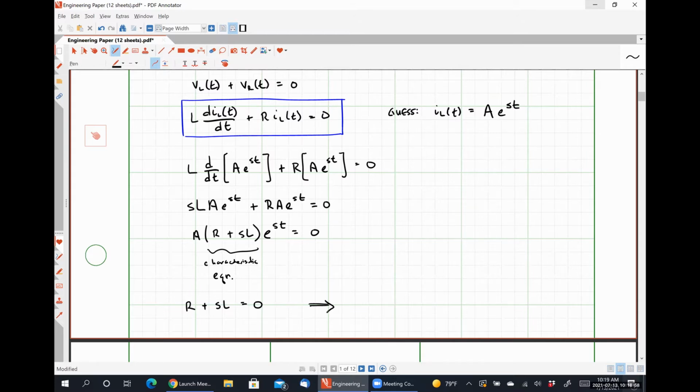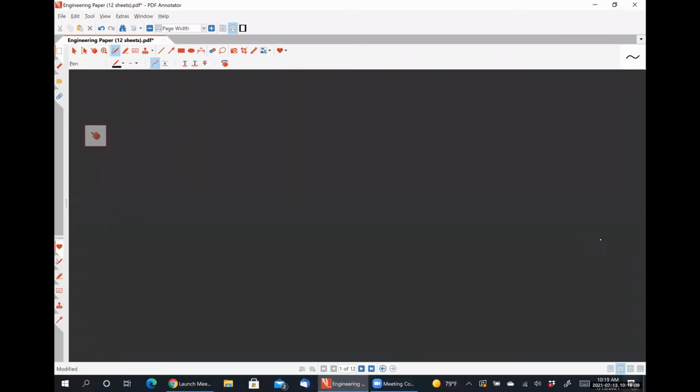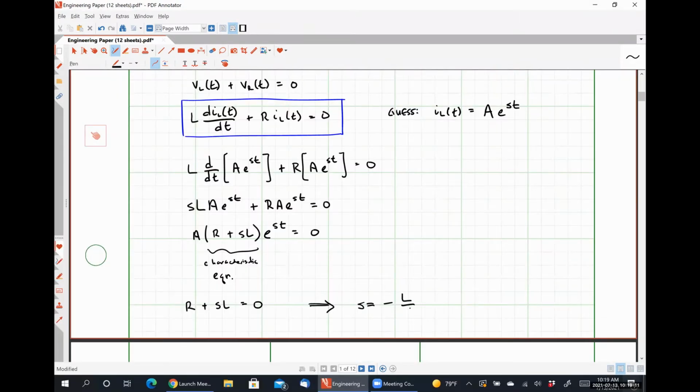So I hope it's not anything wild here. It's a simple equation. I can see that S is going to have to be negative L over R to satisfy the equation on the left. Everybody follow my algebra there?